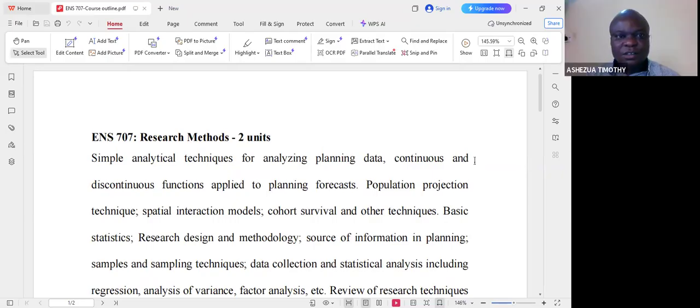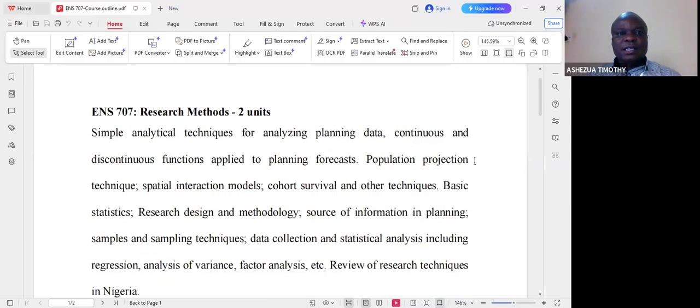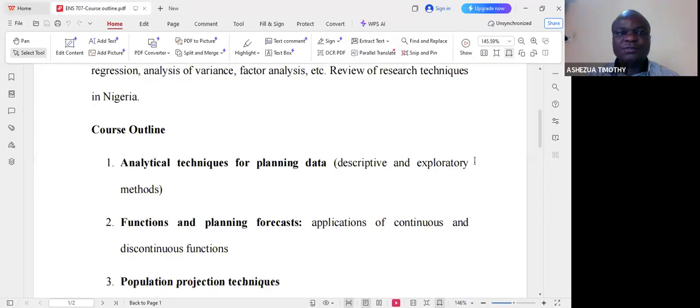Okay, that's fine. So under quantitative techniques and research methods, first we'll be looking at some analytical techniques for planning data. That's descriptive and exploratory methods. Next, we'll look at functions and planning forecasts.